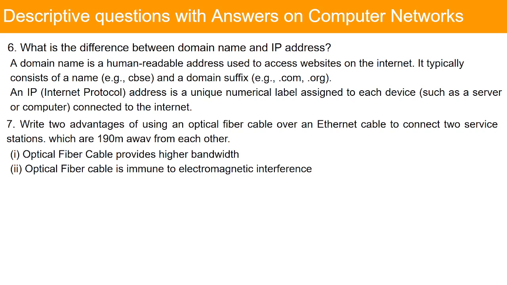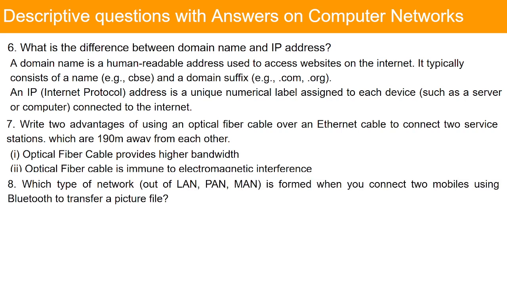Optical fiber cable provides higher bandwidth, number one, and that is the advantage over the Ethernet cable. And second, optical fiber cable is immune to electromagnetic interference, and that is why this is an advantage. These are the advantages of fiber optic cable over the Ethernet cable.